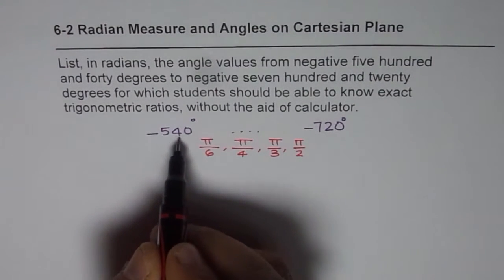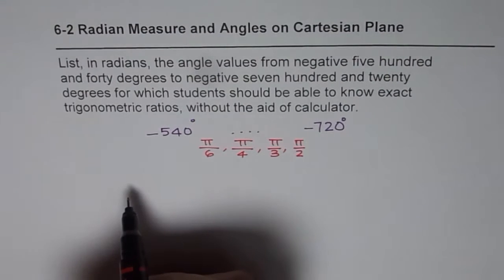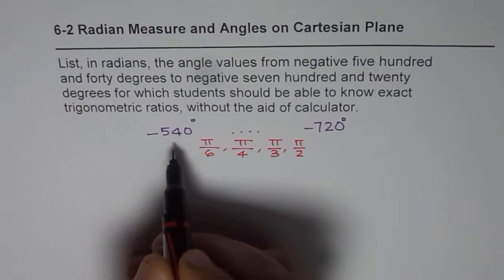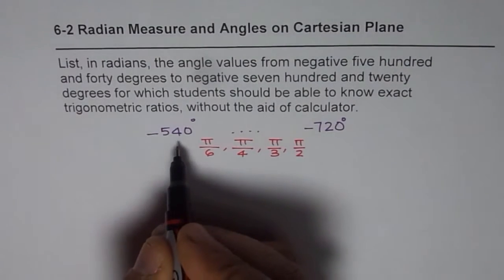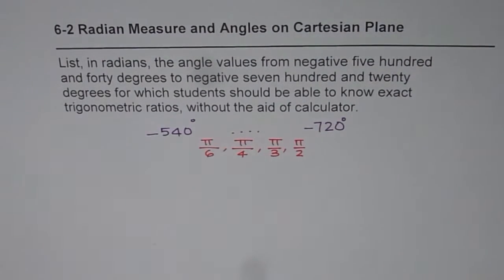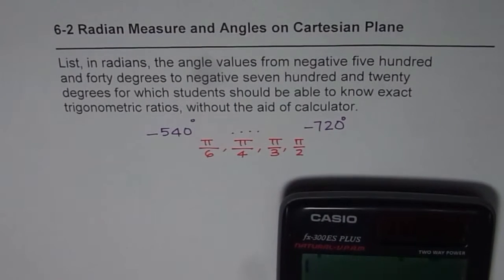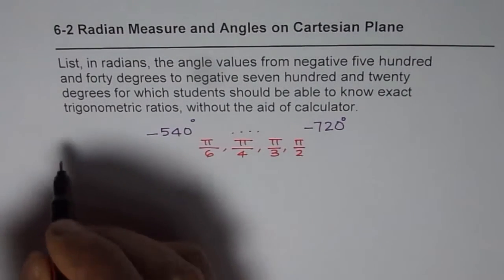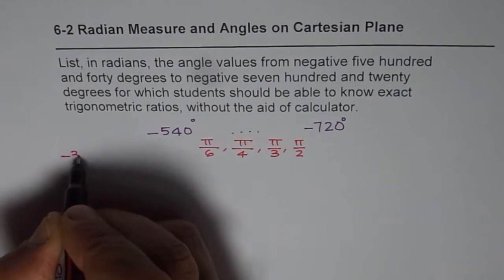Minus 540 degrees in radians is how much? You can convert that to radians by multiplying by pi and dividing by 180. Minus 540 divided by 180 gives us 3, so we have minus 3 pi to start with.